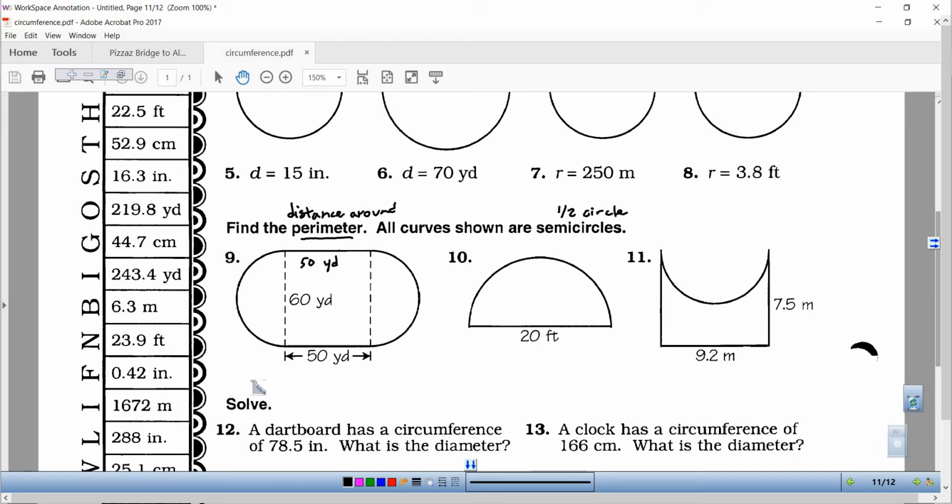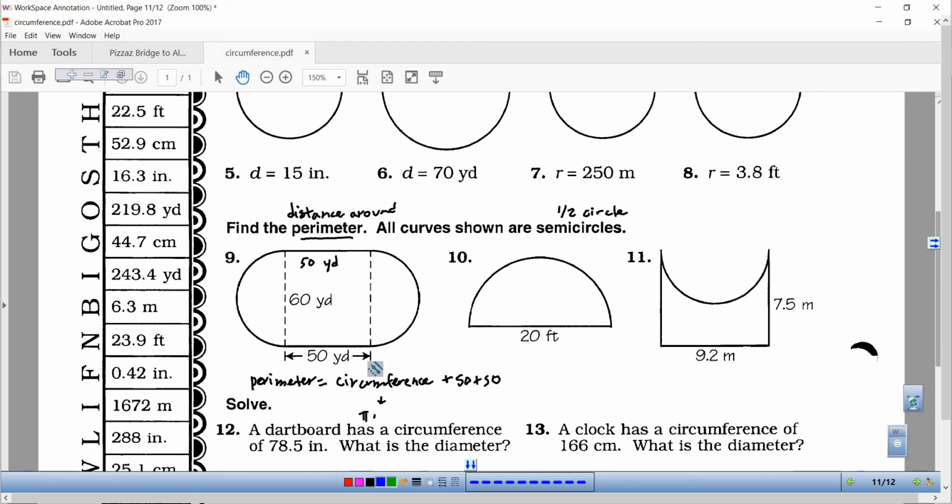So for this one, the perimeter is going to equal the circumference, plus 50 plus 50, right? And remember, the circumference is going to be pi times the diameter, but what's the diameter here?